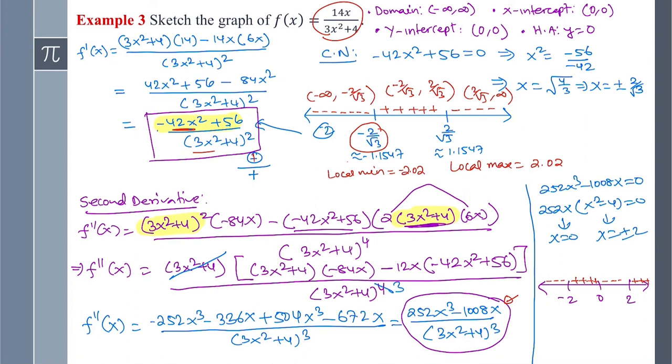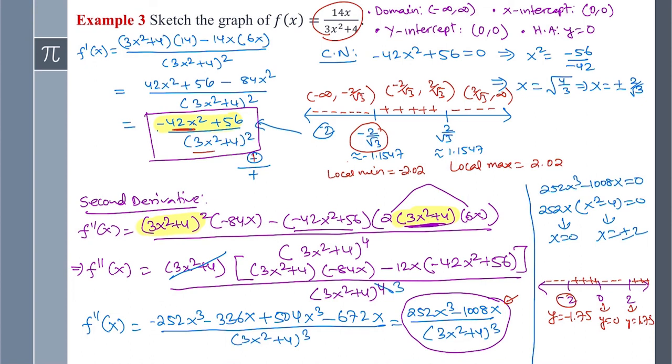Okay, so one more thing that we might need is the inflection points. We have the x values, so to find the y value, we take -2 and put it into our original function, and we approximately get -1.75. At 0, we get y equals 0. At 2, we get y equals 1.75. We might need this when we are graphing.